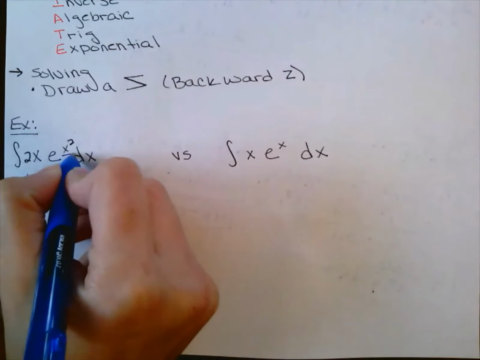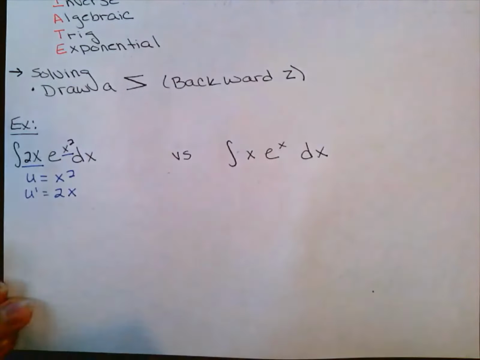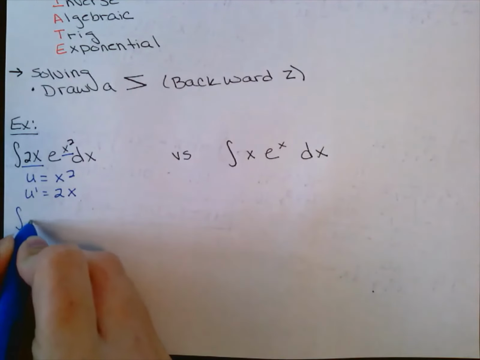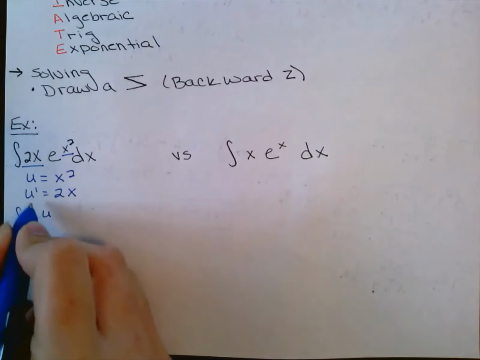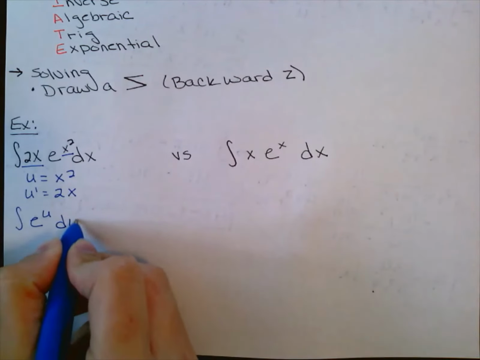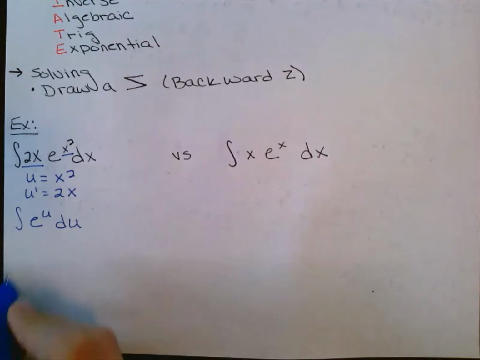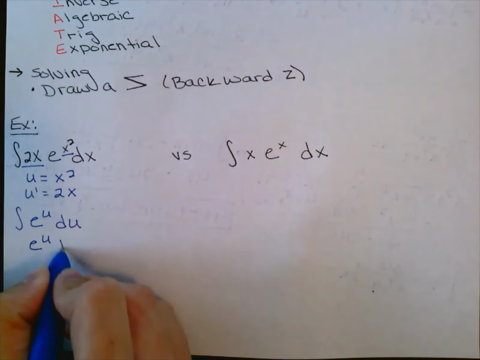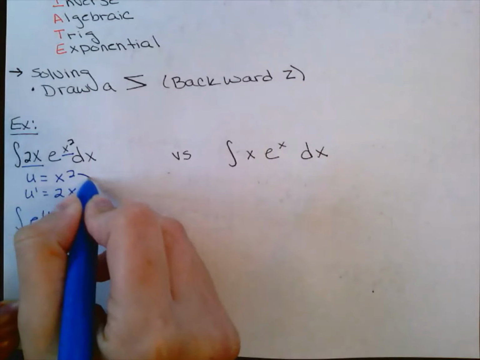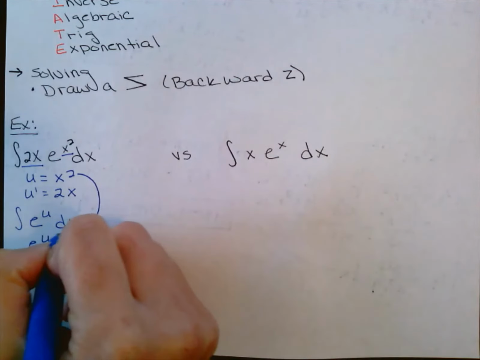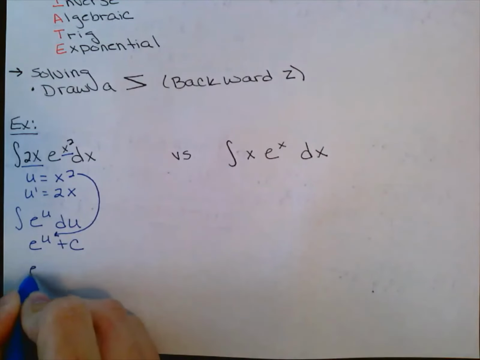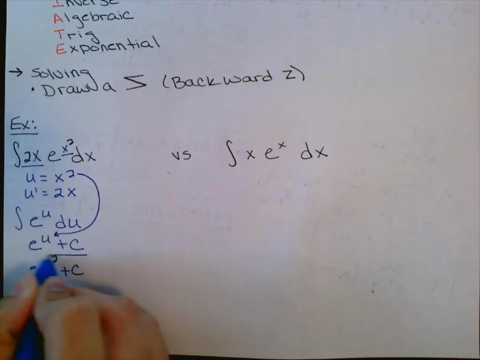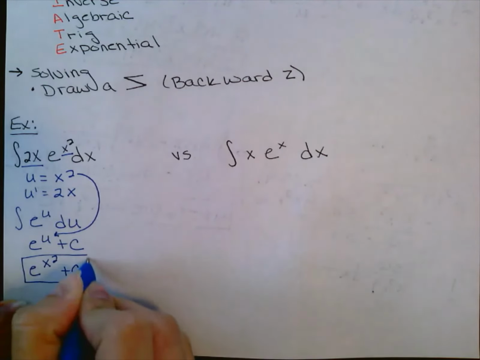So I can spot here my u and here my u prime. I can rewrite this as the integral of e to the u, and write u prime as du over here. The antiderivative of e to the u is just e to the u plus c. Plug that u back in, and I'd have e to the x squared plus c. Here is a U sub question.